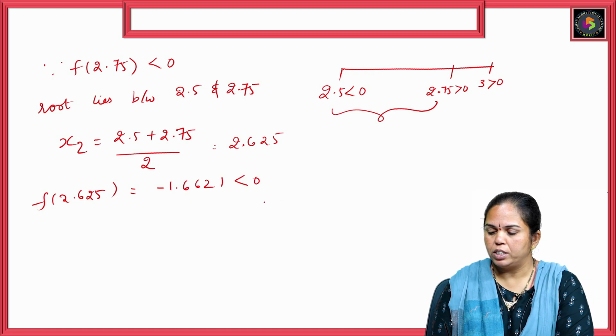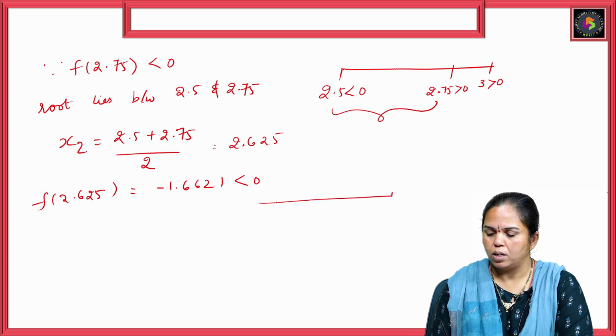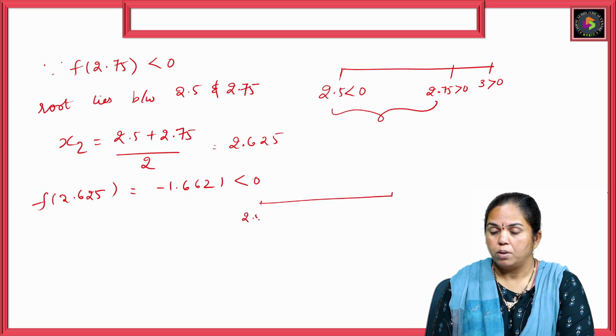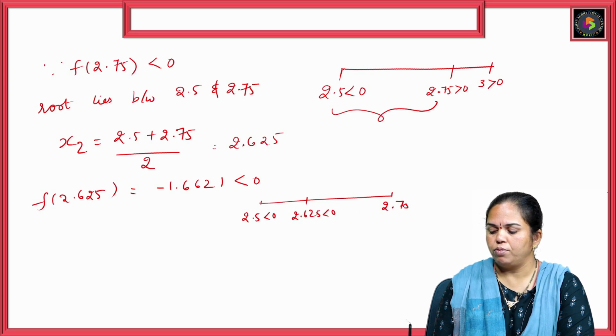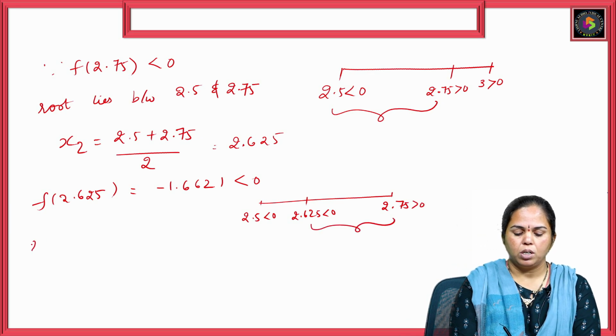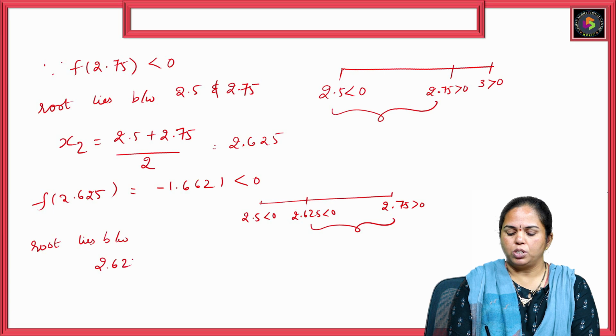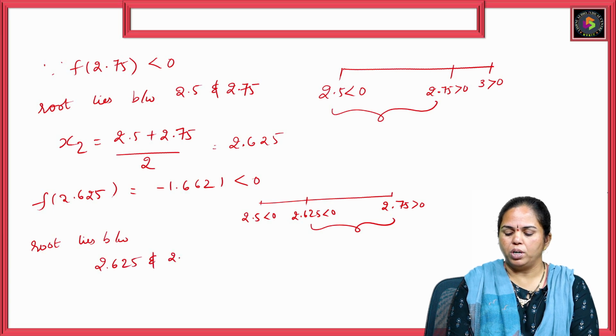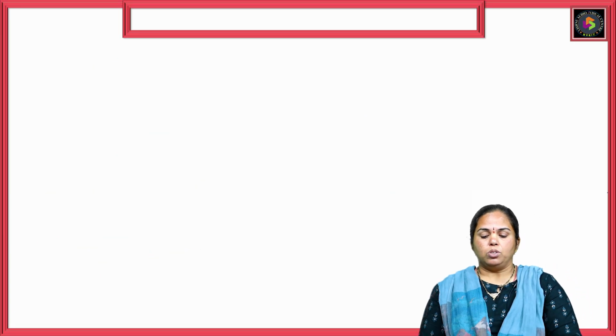So now again, if we consider the number line, 2.5 less than 0 and 2.625 less than 0, 2.75 greater than 0. Now where does the root lie? The root lies between these two successive approximations, 2.625 and 2.75.